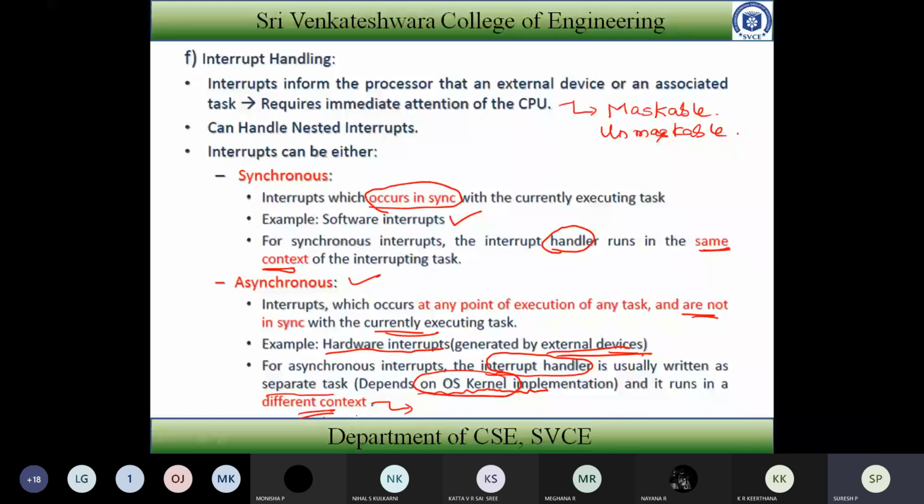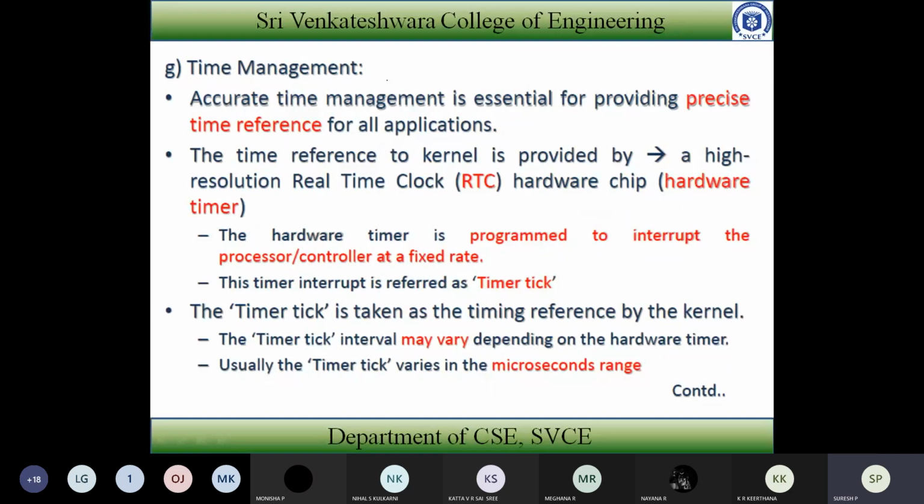The next topic is time management. Time management is essentially for providing precise time references. When you have a process running, how much time does that particular process take?